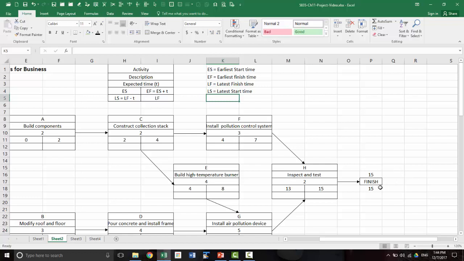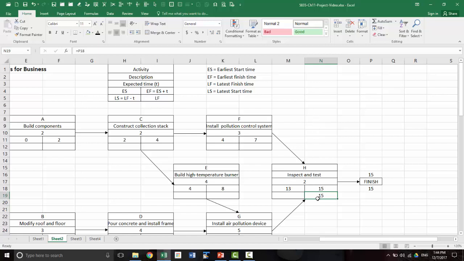Okay. So again, we look at arrows going out. In the forward pass, we looked at arrows coming into a node. In the backward pass, we look at arrows going out. For this activity, there is only one arrow going out, so whatever the finish time is, that is the time by which you have to finish this activity. If you have more than one activity representing the end of the project, each and every one of those activities will get the project completion time as the finish time, irrespective of what the earliest finish time was.